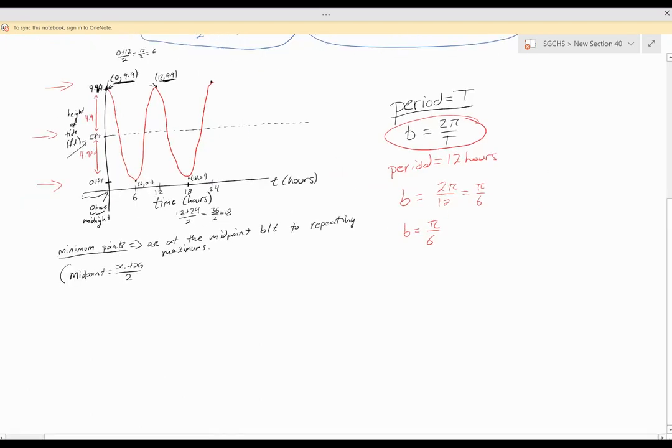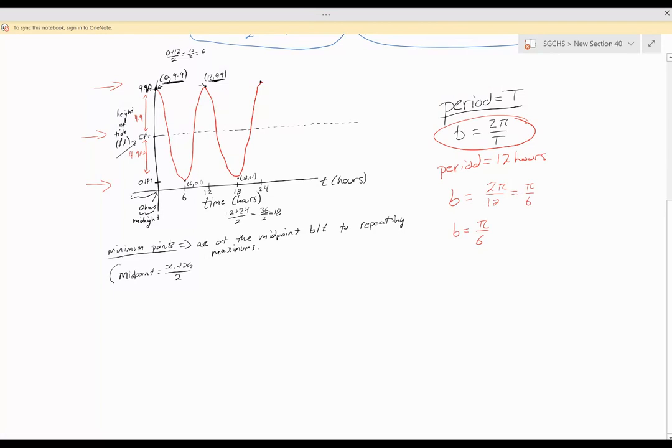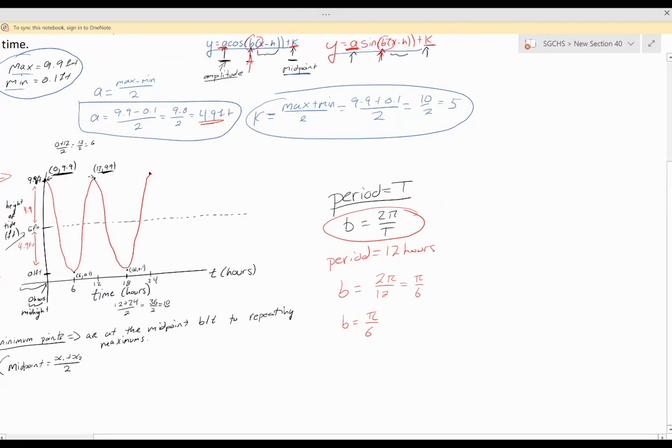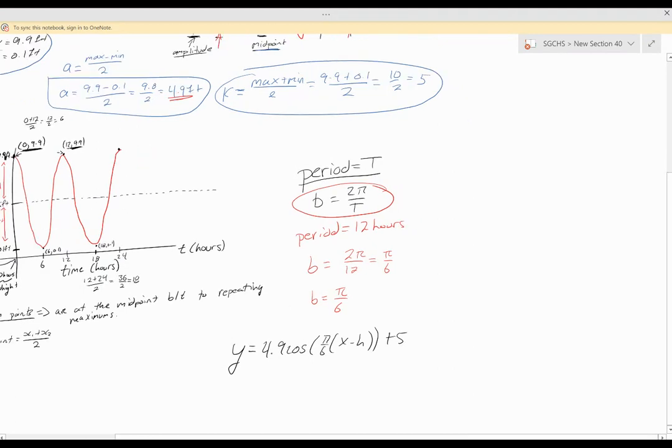So let's write out the equations that we have so far. If we were to write it in a cos function, it would be y equals A, which we figured out was 4.9, cos B, which is pi over 6, x minus h plus 5, which is k.